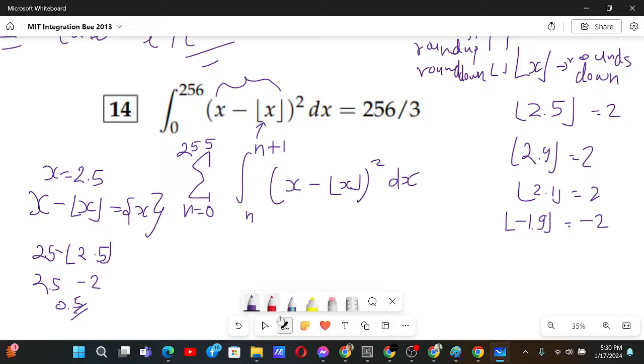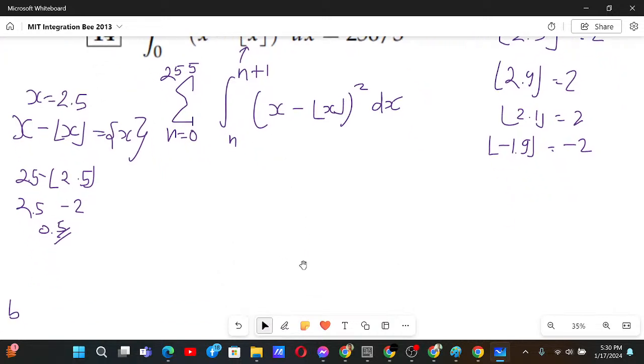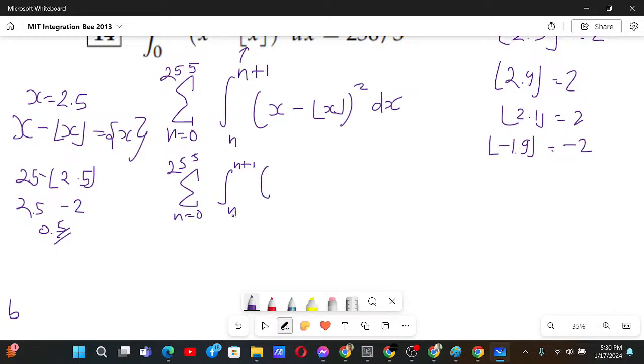Now, sum from n equals 0 to 255, integral from n to n plus 1. Since this is going from n to n plus 1, when n is 0, this is going from 0 to 1. Let's say there's a 0.5 in between.